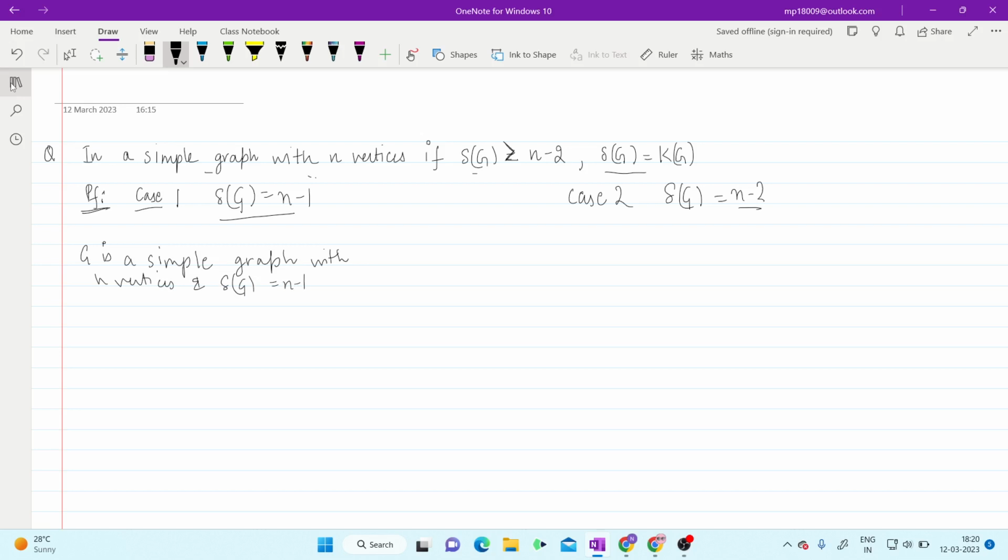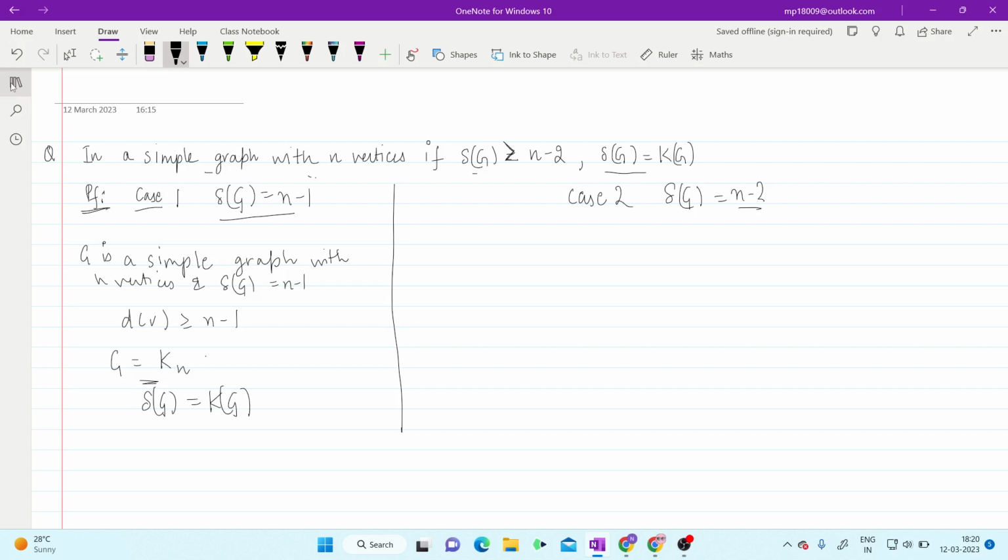That means each degree is n minus 1, and therefore G is equal to Kn. And what was the connectivity of the complete graph? We have shown previously that it is n minus 1. So for case 1 this is true, that connectivity equals delta G. Now what about the second case?